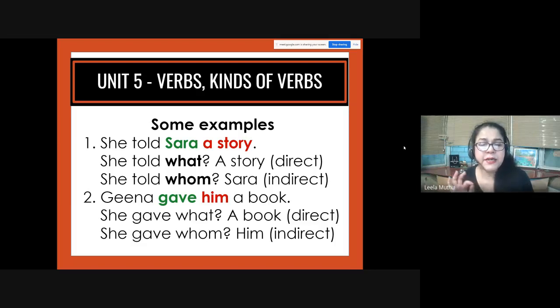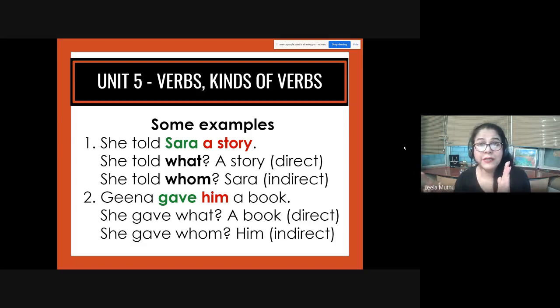Now look at this. She told Sarah a story. Now I'm going to break it down a little bit. She is the subject, the doer of the action. What is the action she's doing? Told. Now to find out that there are two objects, because after told there are two answers, Sarah and a story.